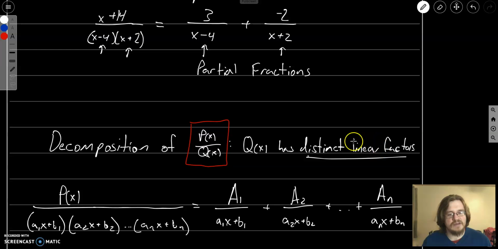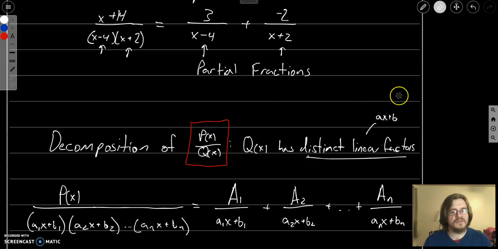So let's break this down. Linear factors are things like x minus 4 and x plus 2. These are linear expressions. Linear means we'll only have something like ax plus b. There are no x squareds, and we won't see any x cubes.